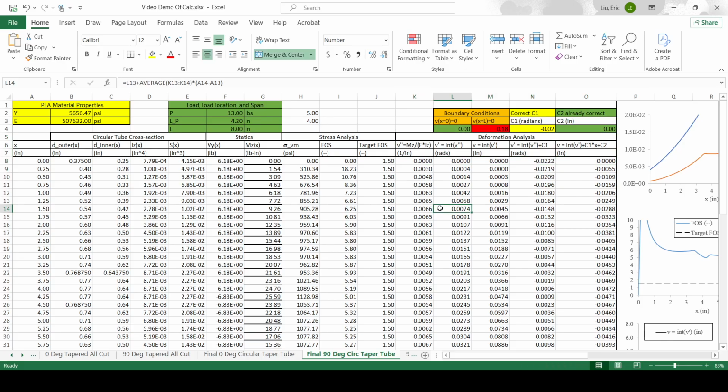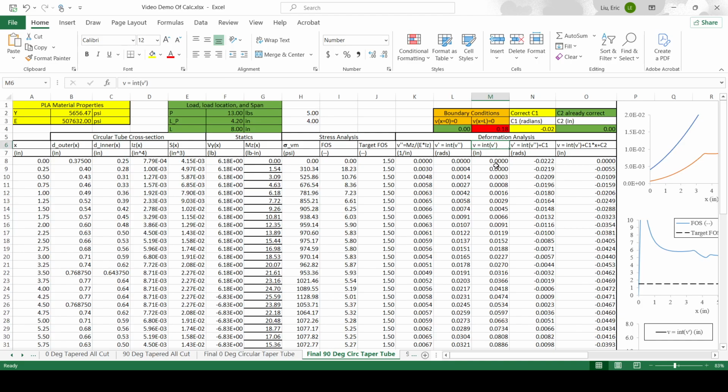These equations over here are for deformation analysis. We have this equation, to measure the rate at which the deformation happens. So double rate. So we have just a moment, and then we take the integral of that to get this, which is the rate at which the positions shift or the deformation happens.